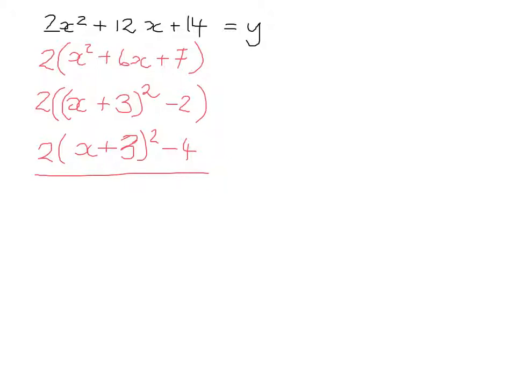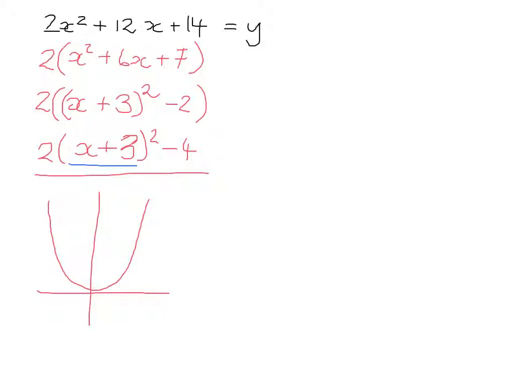So now we can have a look at sketching this graph. I'm going to do some neat versions of this in a minute. x squared looks like that. If I start at the beginning with x squared, how is x plus 3 all squared different?